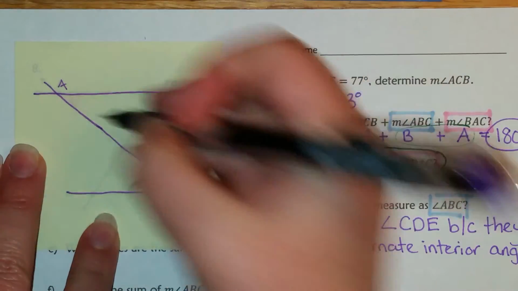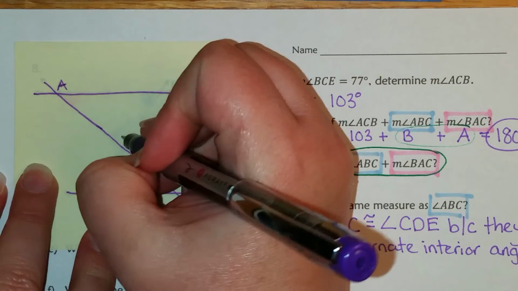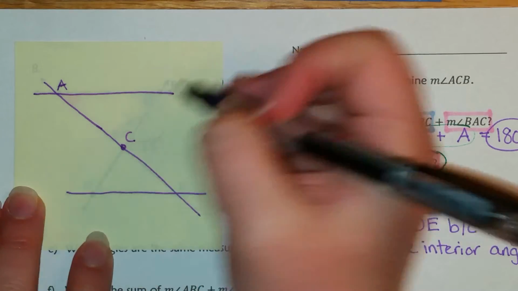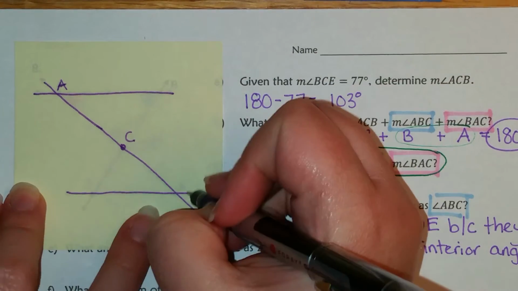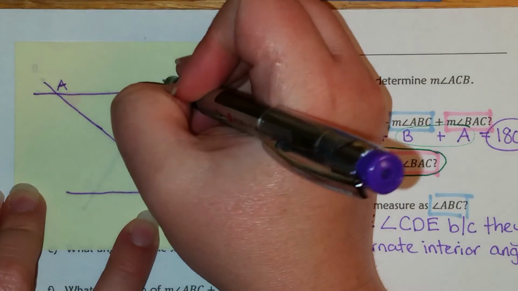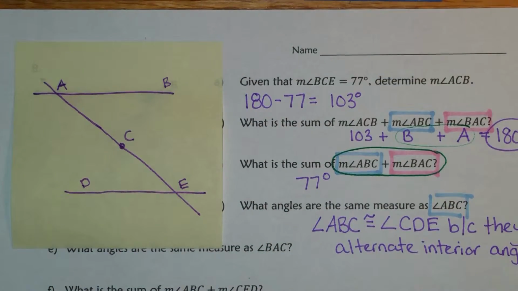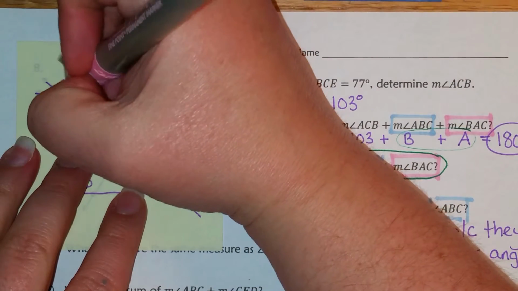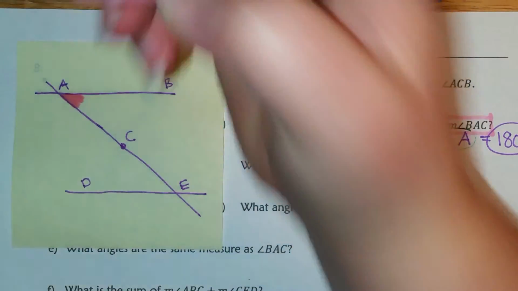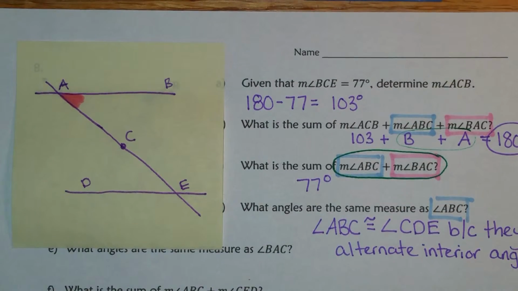So I've got A. Remember there was a point C in there. And I've got E. And B was over here, D was here, and I'm not using either one of those right now. So angle A, or angle BAC, is that one.